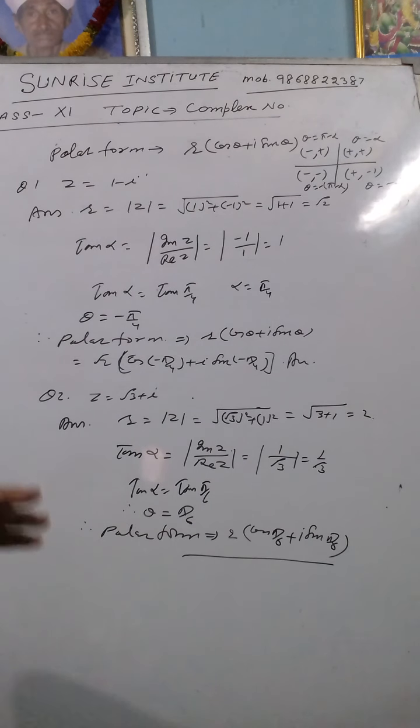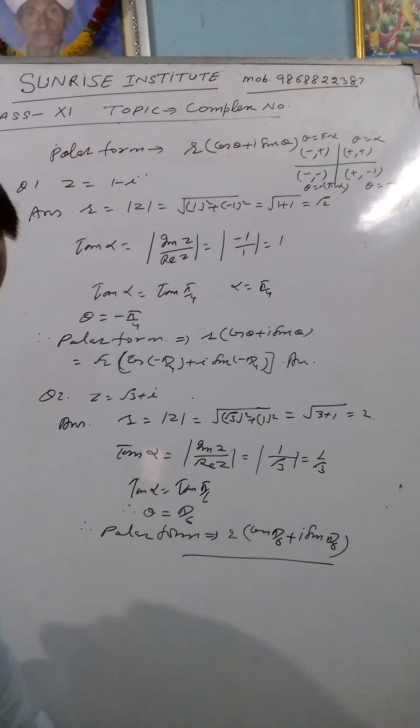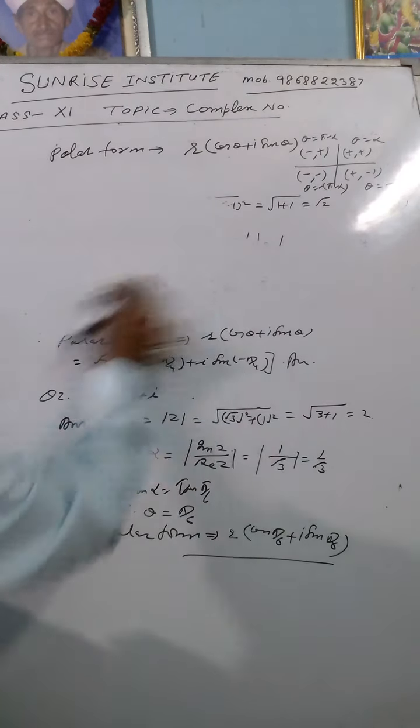Next, take more examples to find the polar form. That is question number 3.